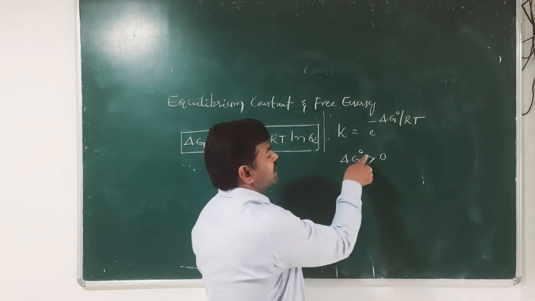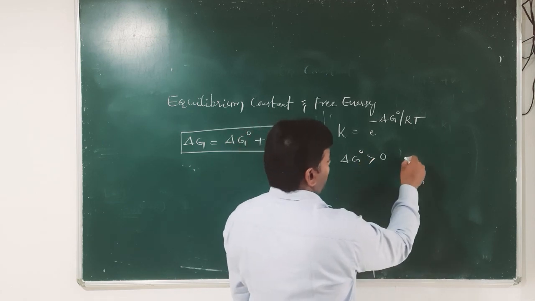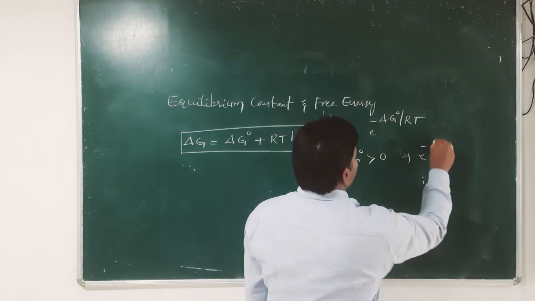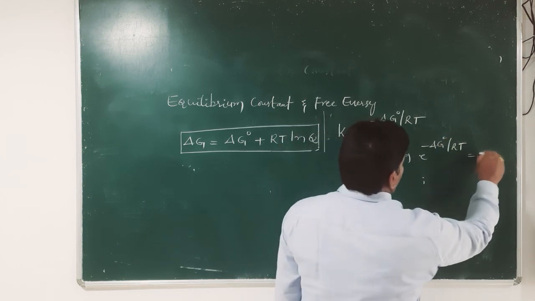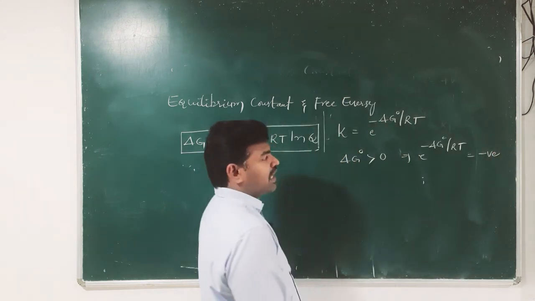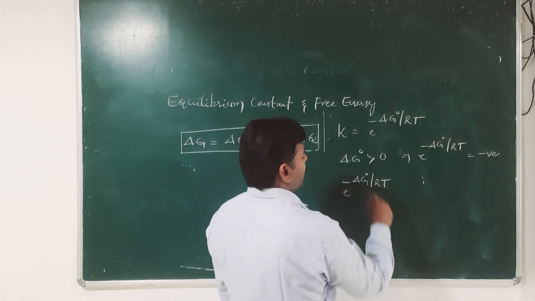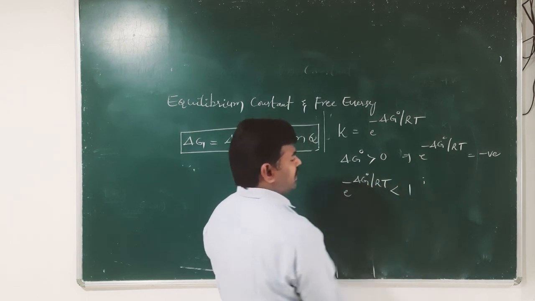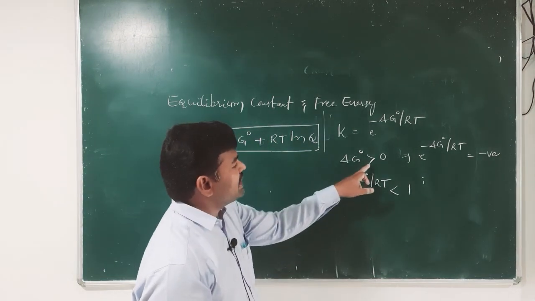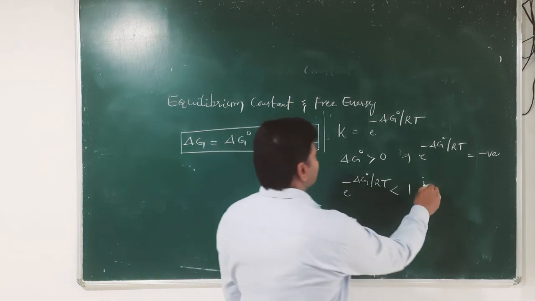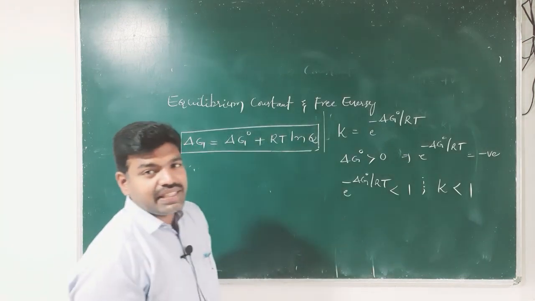Delta G naught greater than 0 means that it is positive, so e power minus delta G naught by RT is less than 1, that means that K is less than 1.